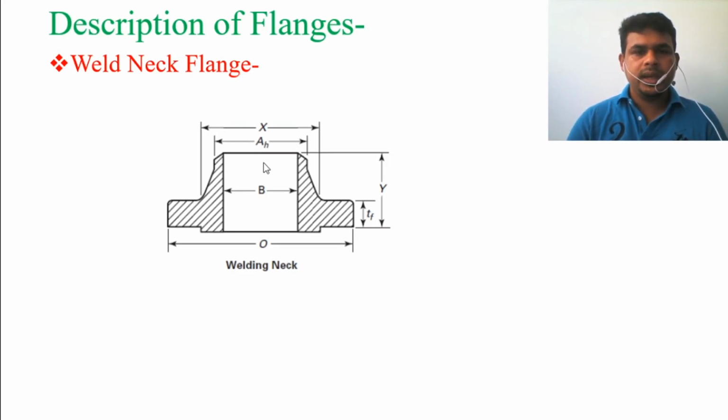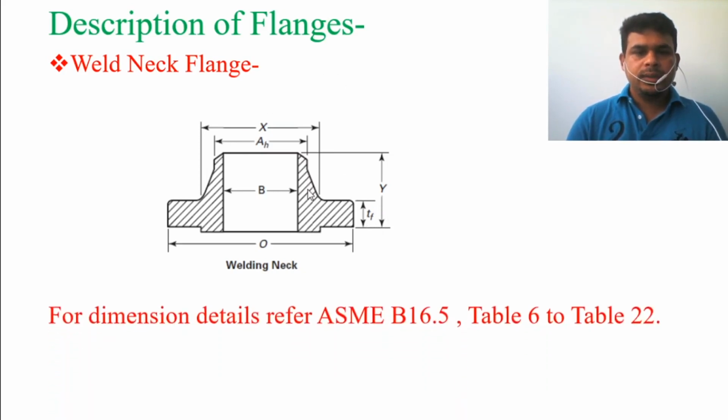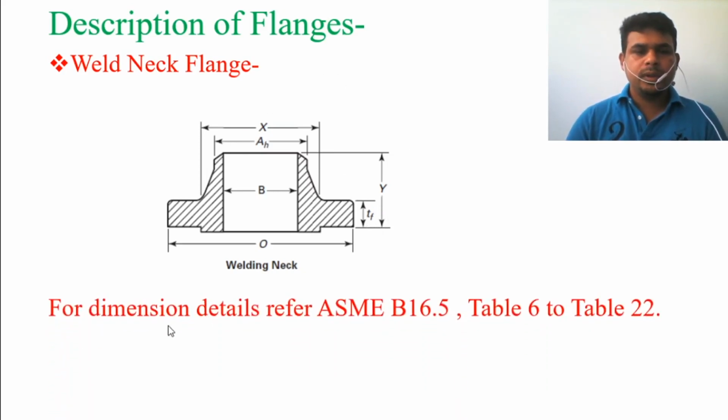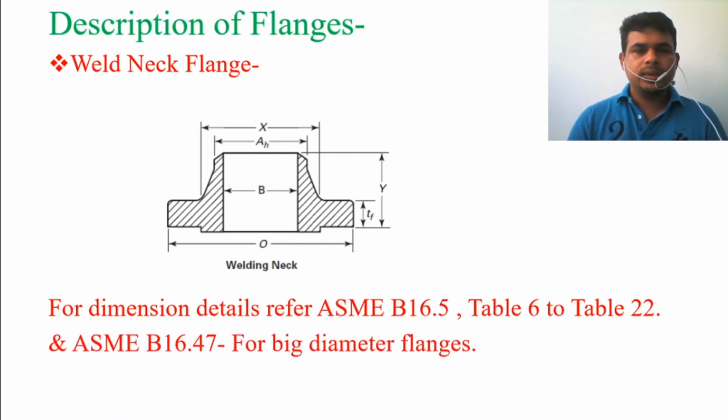The dimensions are O, B, H, X, Y, T and F, and you will get all these values there. For more dimension details you need to refer to ASME B16.5 tables, and ASME B16.47 for big bore diameter flanges.